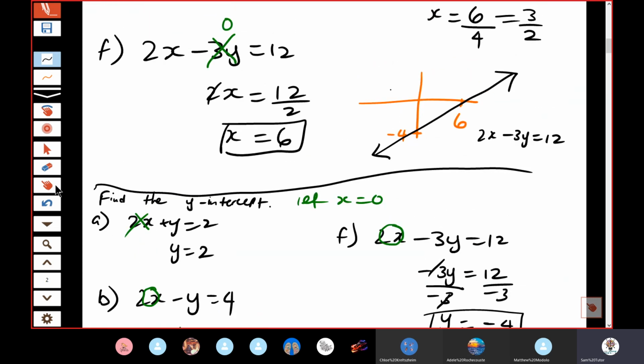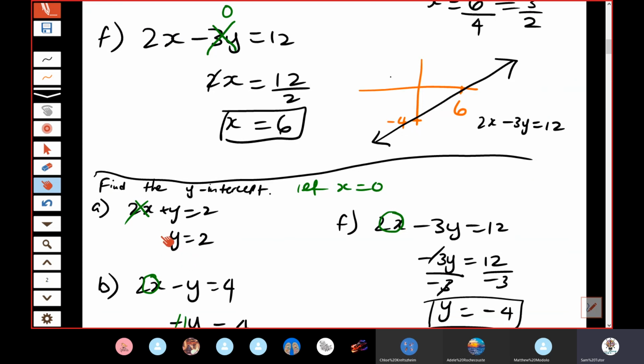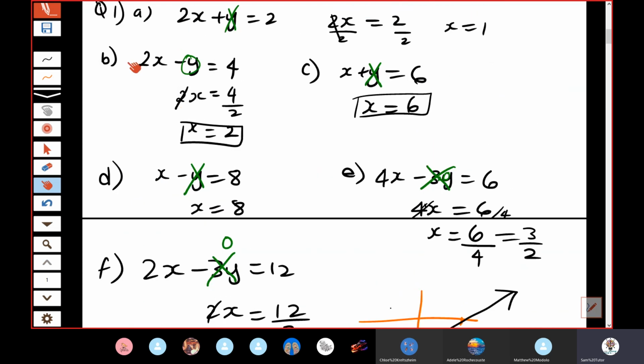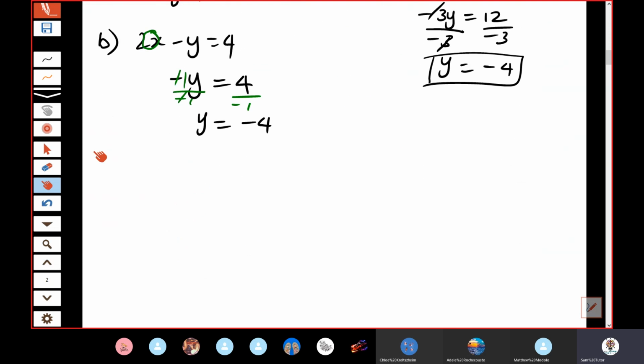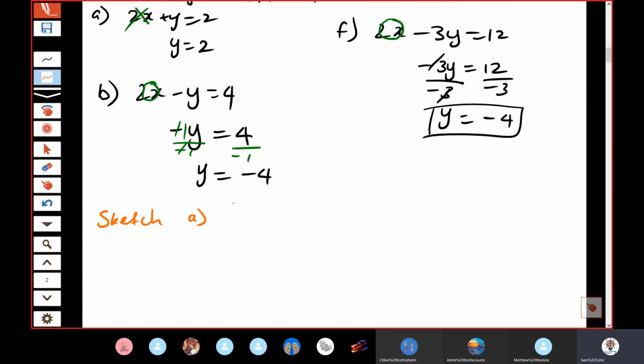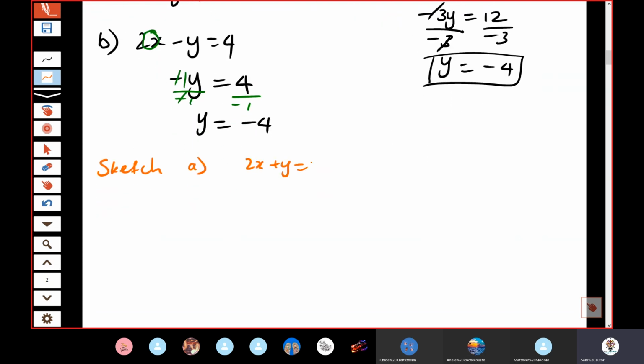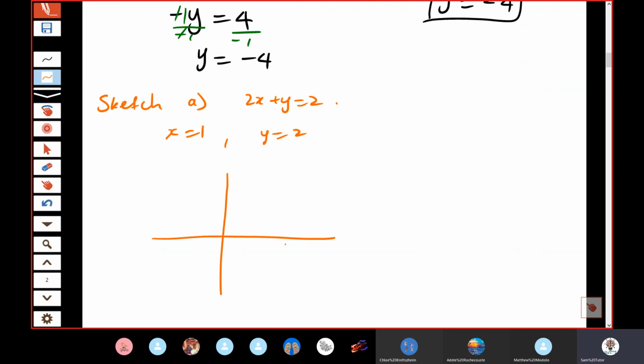Let's have a look at A. A, we know the y value is 2. A up here, we found the x value is 1, what we solved for before. So x is 1, y is 2. That means if I wanted to sketch A, which is 2x plus y equals 2, we found x equals 1 and y equals 2. x is 1, y is 2, and what do we do?